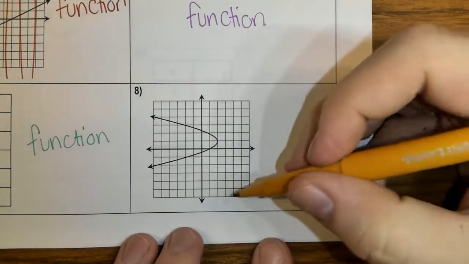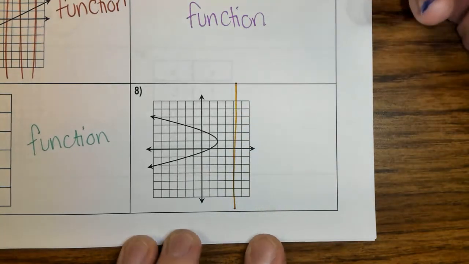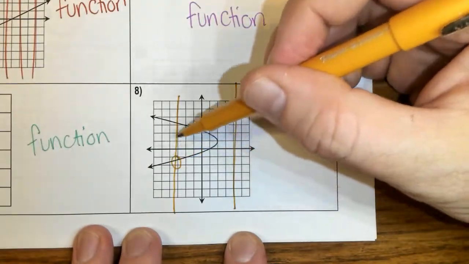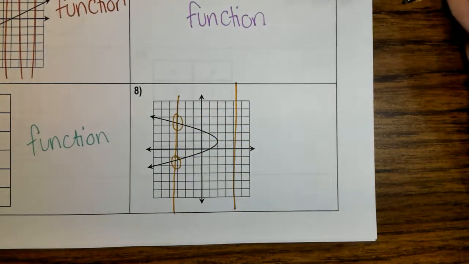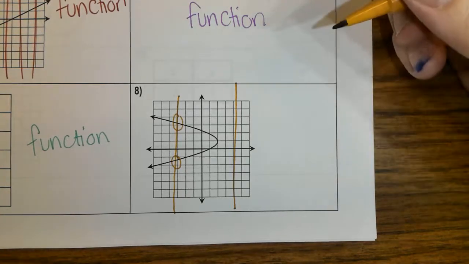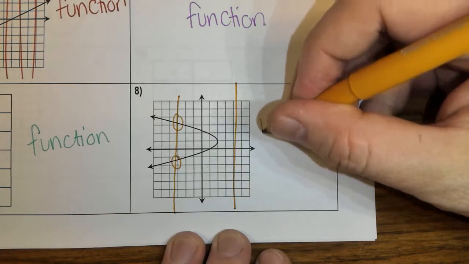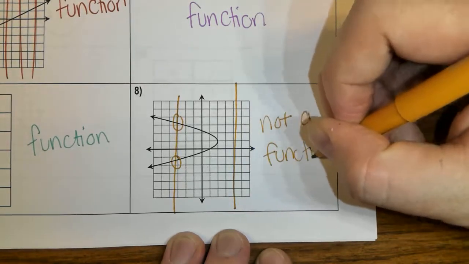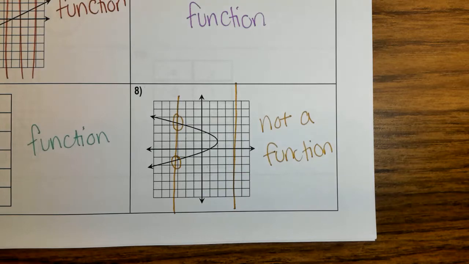If I draw a line over here, I don't pass through more than one point, but anywhere else over here, I pass more than one point. Because of that, it fails the vertical line test, which makes this not a function. And look, we're already done with the first page, which means this video is over.